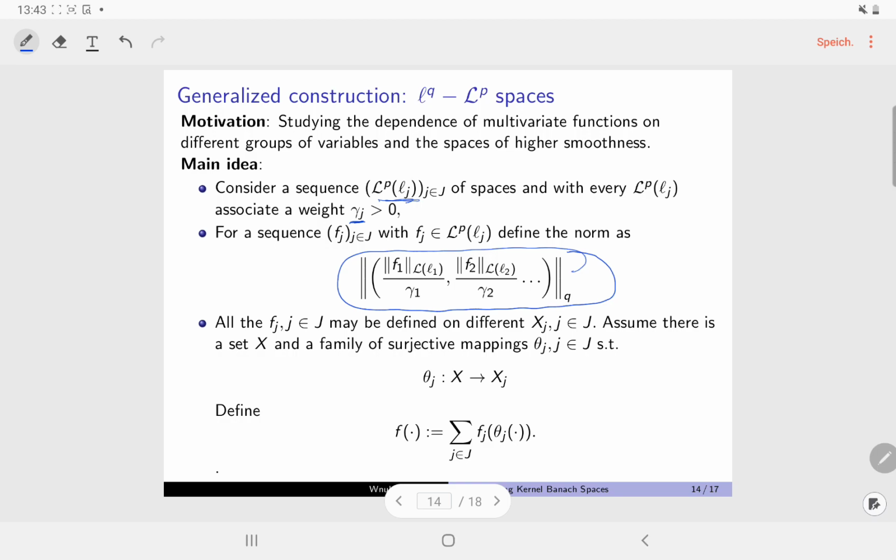And we would like somehow to bring all those functions onto a common set x. And to this end, we need also a sequence of surjective mappings, theta j, which go from this set x onto xj.